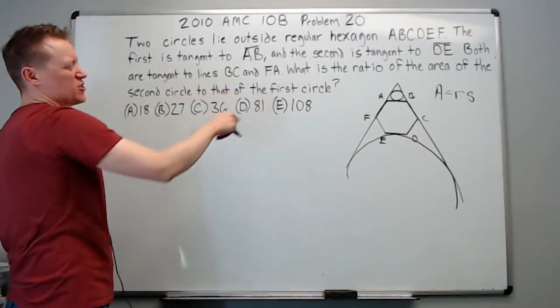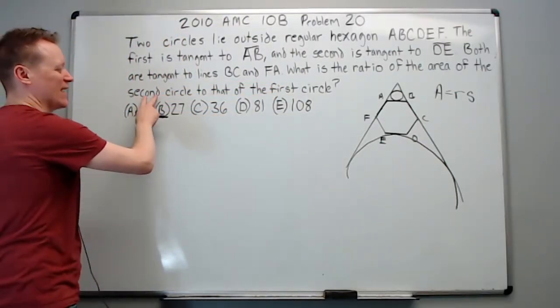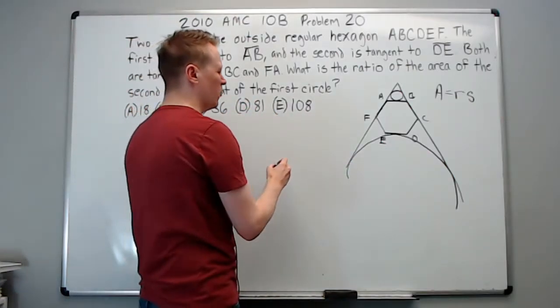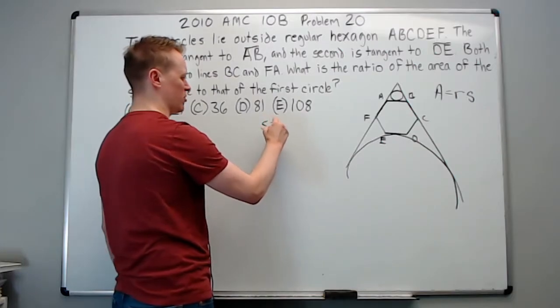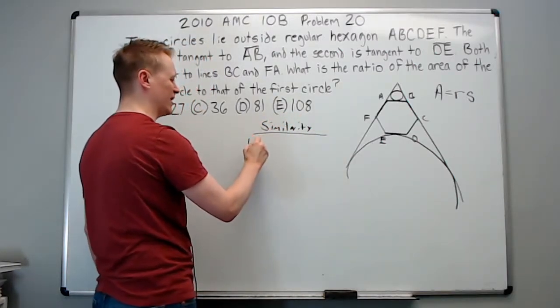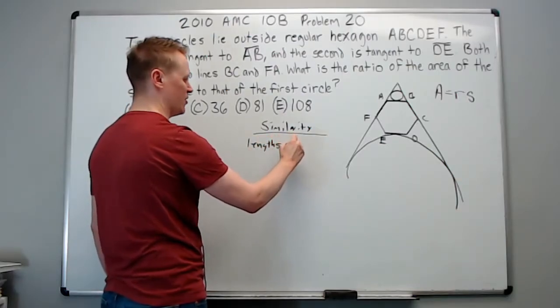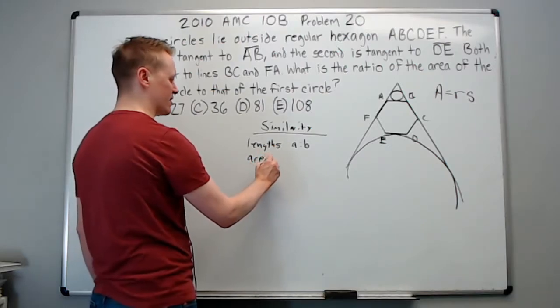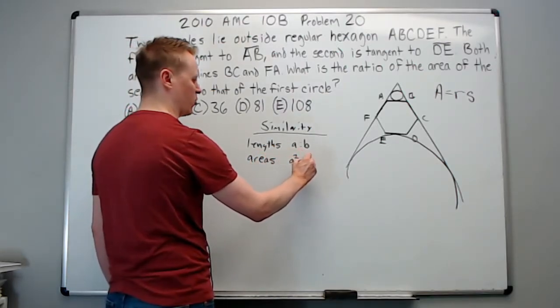What is the ratio of the area of the second circle, that's this one, to that of the first circle? Well, you should know the similarity rules, right? The similarity rules are for all lengths, the ratios are a to b. And for all areas, the ratios are a squared to b squared.